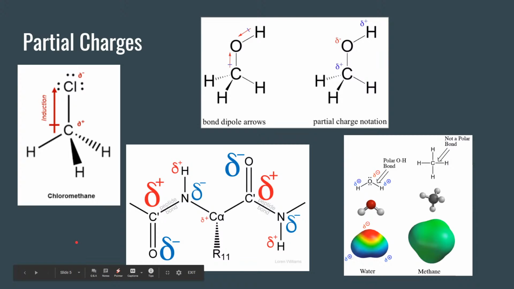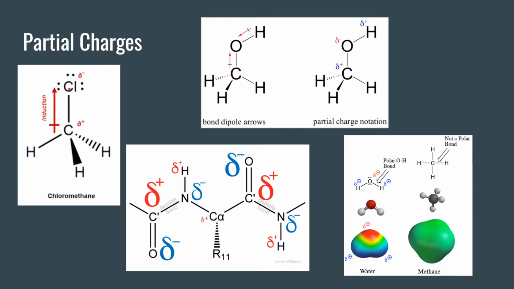So these are some different ways that we can represent this distribution of charge, this unequal sharing of electrons. We have our little swoopy deltas that we've already seen. Here we have chloromethane, CH3Cl. Carbon is less electronegative than chlorine.